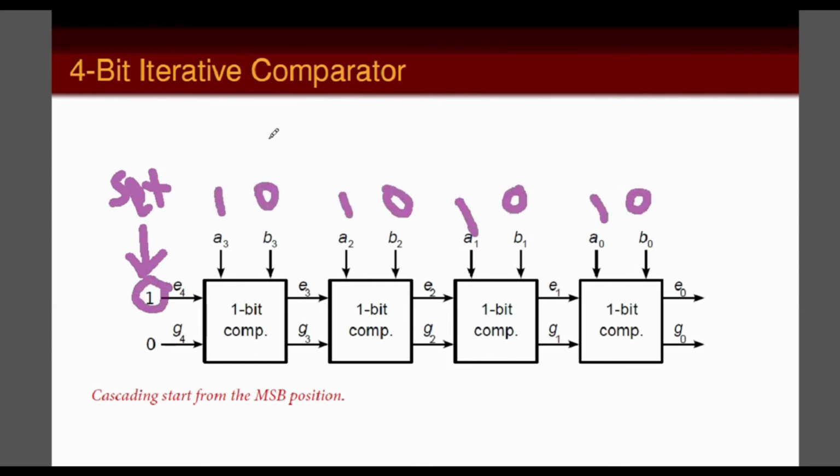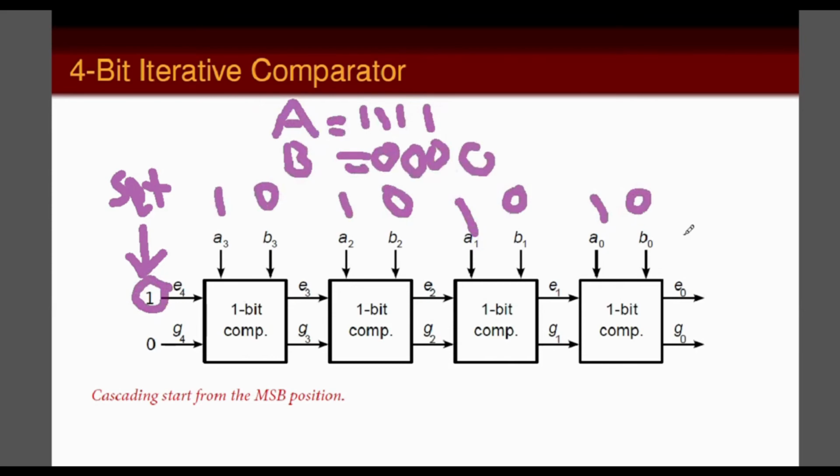So what it means is that I have A equal 1, 1, 1, 1, and I have B equal 0, 0, 0, 0. So obviously A is greater than B. The answer is here. G will be 1 and then E will be 0.